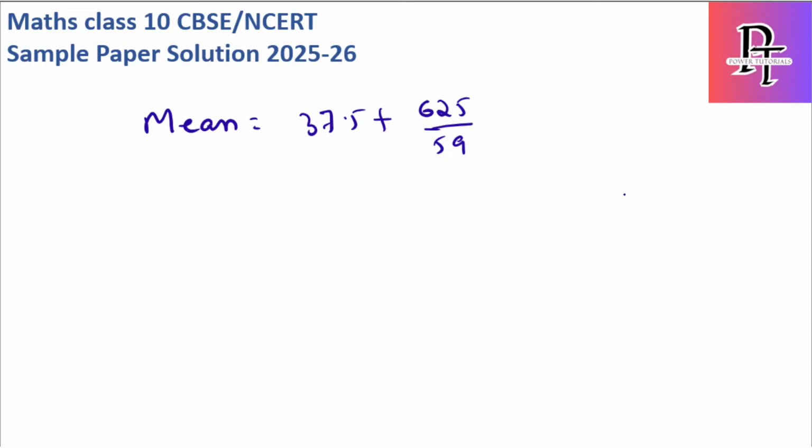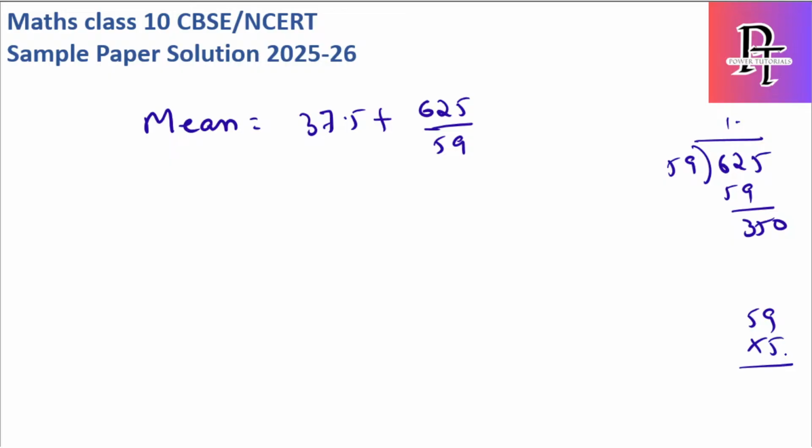So let's divide and get some approximate value. 59 ones are 59. 59 fives are 295.